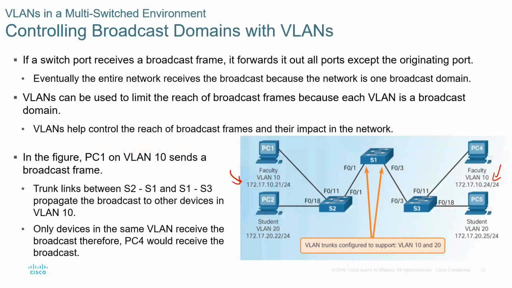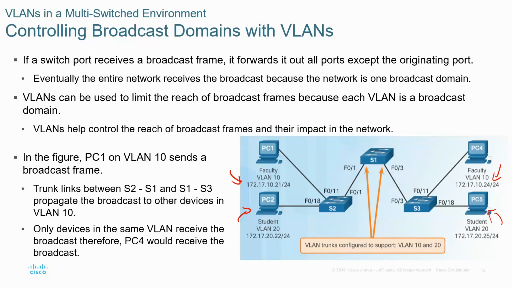So the first 24 bits are 172.17.10. This is the same network address. For PC2 and PC5, the network address is 172.17.20. So it's a different network address. So even though all of these devices are in the same physical network, because you have defined now two different VLANs, you are giving them two network addresses, and so they are two broadcast domains.